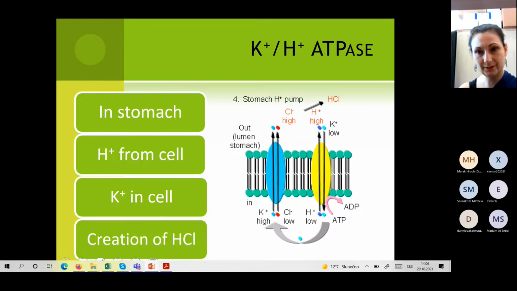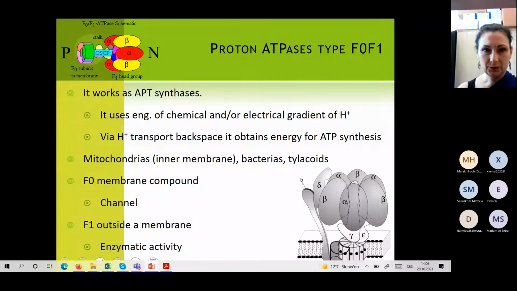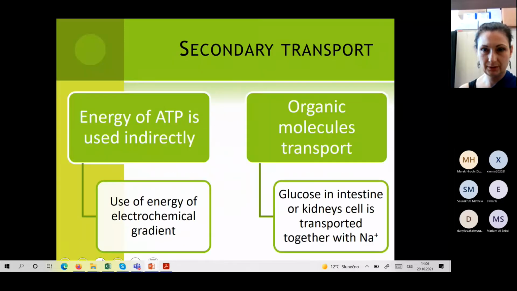Because of the presence of HCl, the pepsin is activated, and by pumping outside and inside the lumen, we can coordinate the concentration of HCl in the stomach. I think this one is too much for this course, so I'm going to skip it.